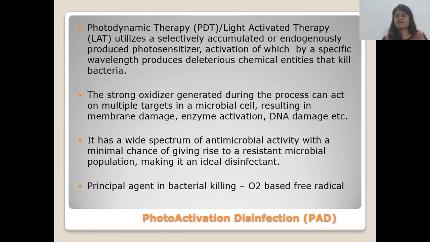A strong oxidizer generated during the process can act on multiple targets in a microbial cell, resulting in membrane damage, enzyme inactivation, and DNA damage, etc. It has a wide spectrum of antibacterial activity with a minimal chance of giving rise to resistance in the microbial population, making it an ideal disinfecting method. The principal agent in killing bacteria is oxygen-based free radicals.